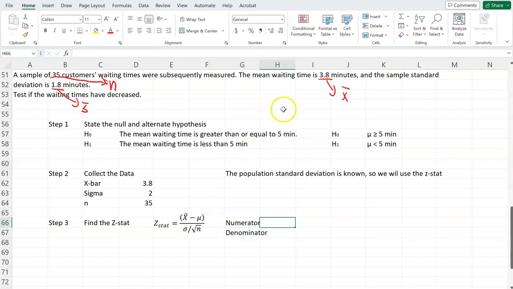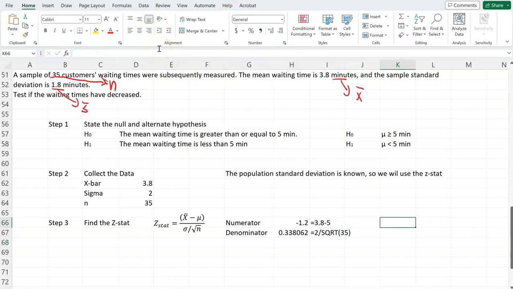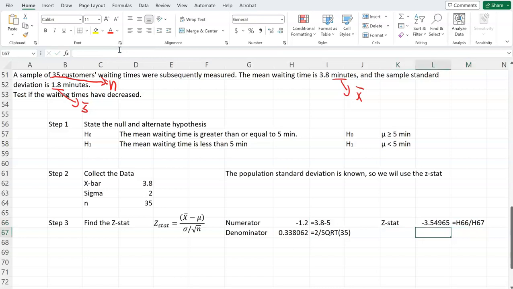The numerator is going to be 3.8 minus 5. The denominator is equal to 2 divided by square root of 35. So we get those numbers. Then my Z stat is just the numerator divided by the denominator, which comes out to be those numbers. So we have a Z stat of negative 3.54.